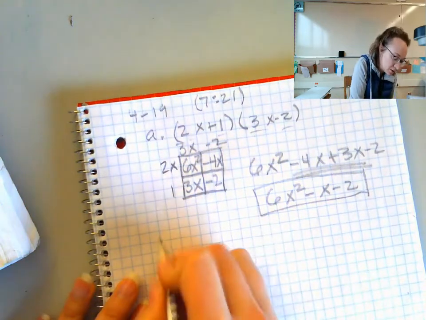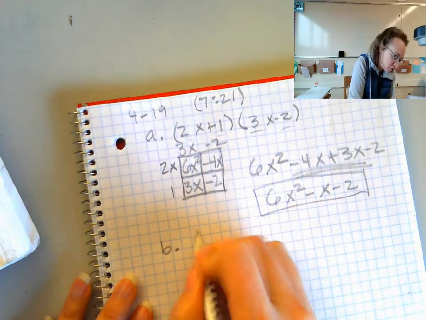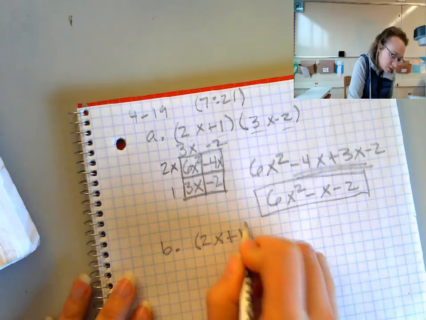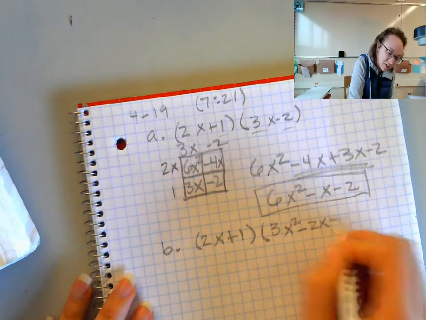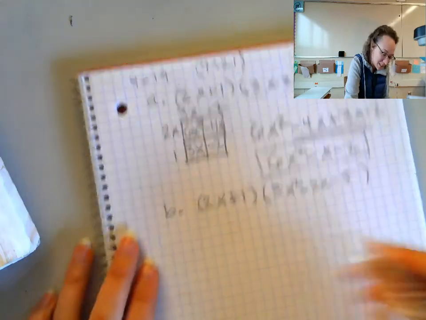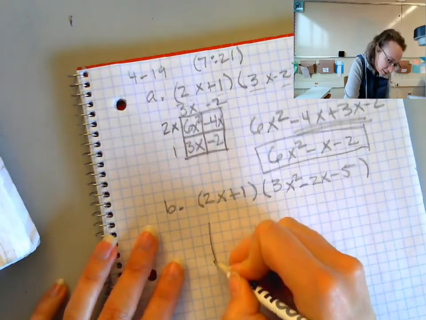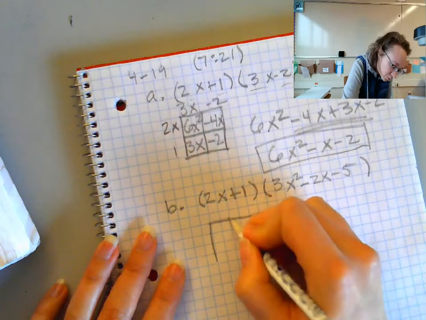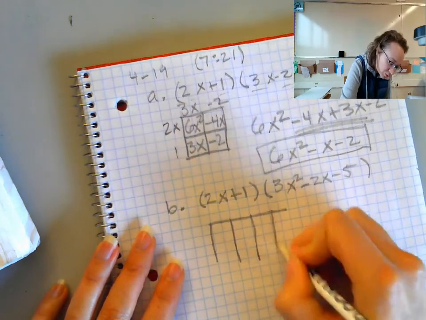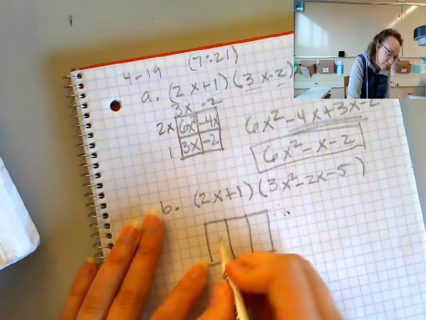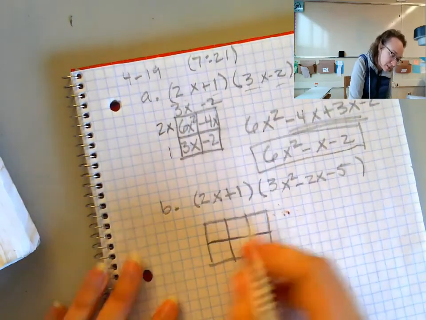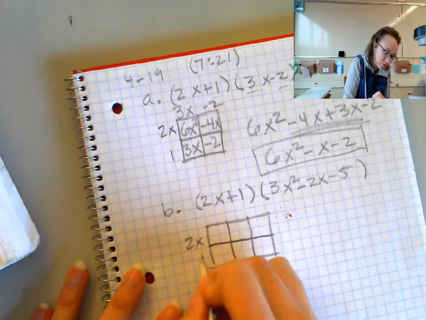On B, we have 2x plus 1 times 3x squared minus 2x minus 5. This is a 2 by 3, so I'm going to need 6 pieces. But it's still 2x and 1 over there.